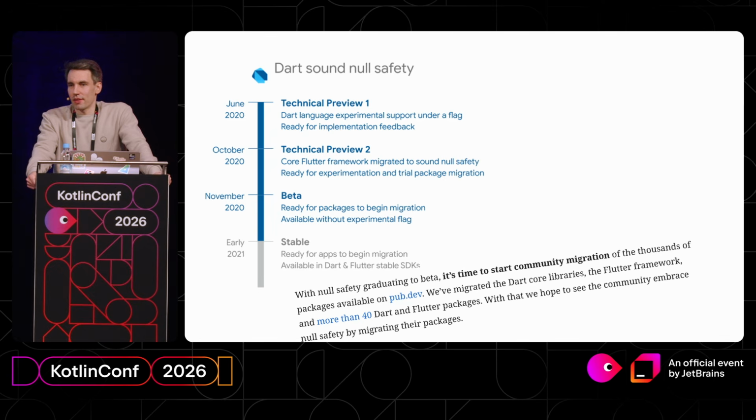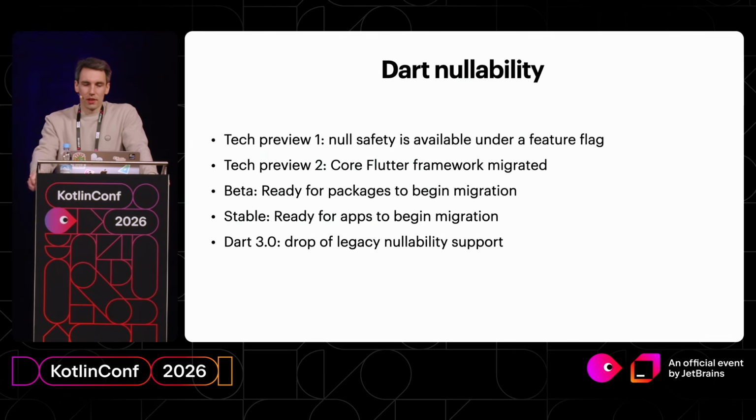Then they started to migrate their core Flutter framework and the most popular packages for Flutter. Then they introduced this as beta, and then as stable, so that applications can also start migrating to sound nullability. So it's typically this way: first you introduce the feature, check that it works, that the syntax works, and there are no blockers.